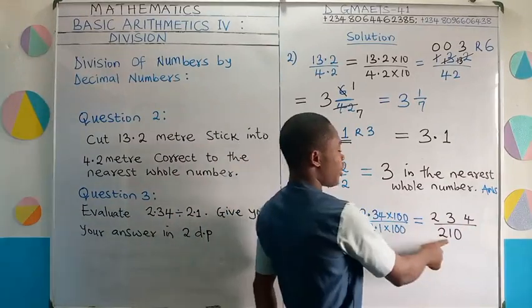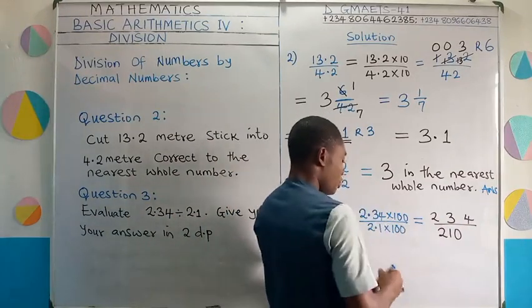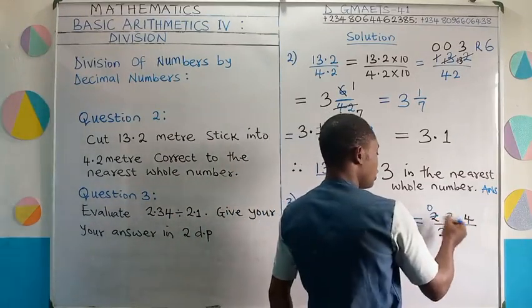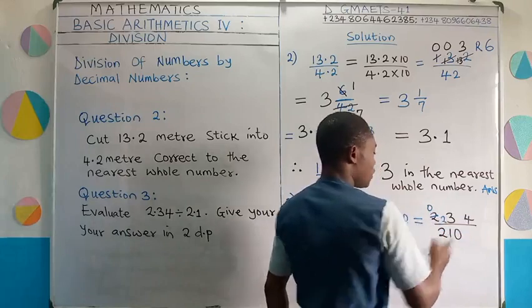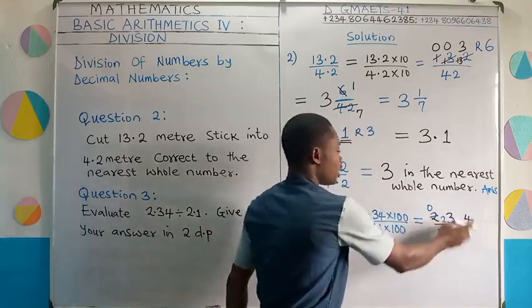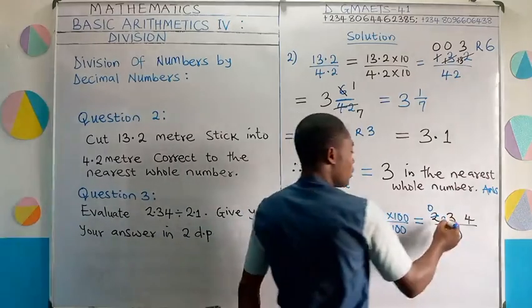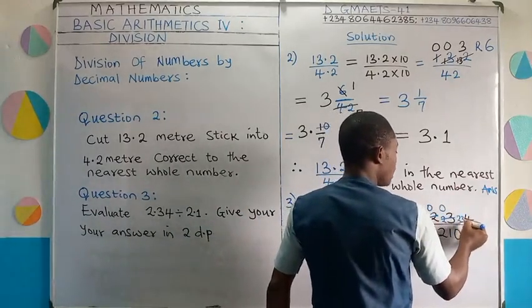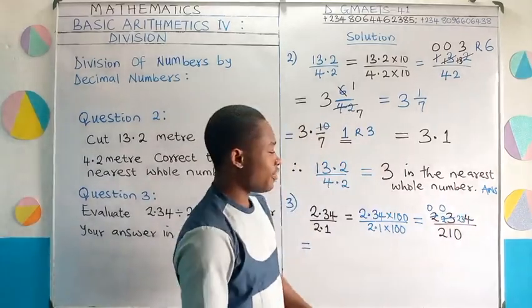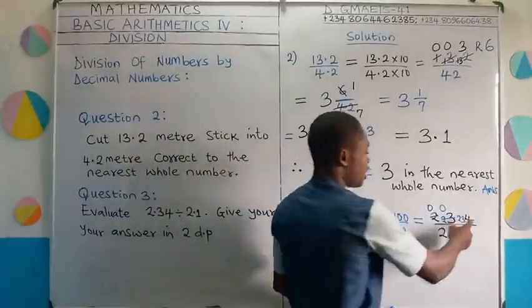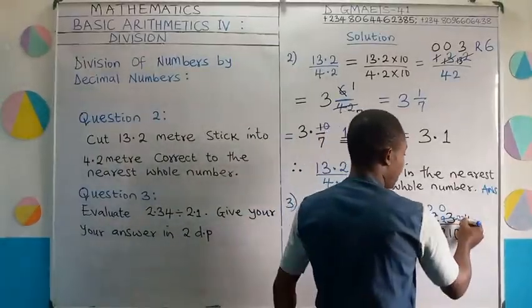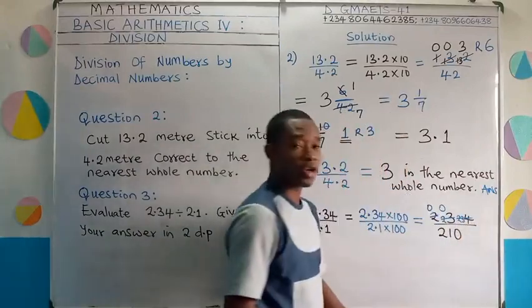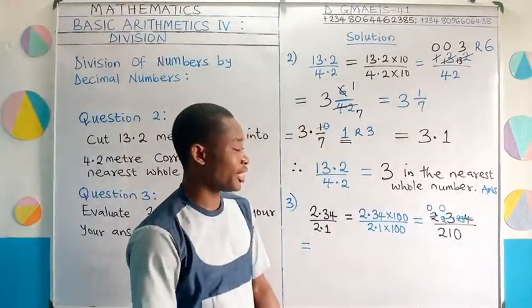If you do 2 divided by 210, you are going to get 0, remainder 2. Attach the 2 to this 3, you get 23. 23 divided by 210 will still give you 0, remainder 23. Attach the 23 to this 4. And divide that 234 here by 210. Let's find out. 234 divided by 210.